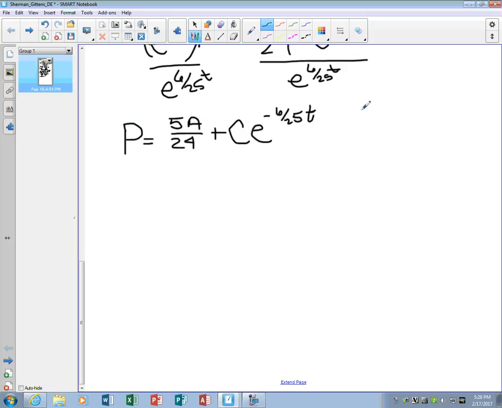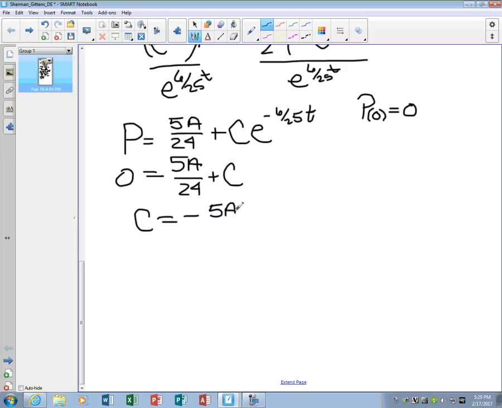We're going to make another assumption here that P at time equals 0, the amount of chlorine that's in the water at time equals 0, is 0. Now, you tell me if that's something we can't assume, but I think that's a safe assumption. So from there, we find that we have 0 equals 5a over 24 plus, now this all goes to 1 because e to the 0 is 1, plus c. So c comes out looking like negative 5a over 24.